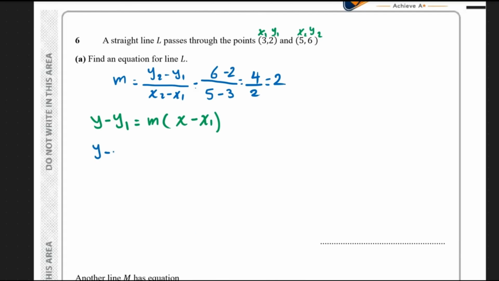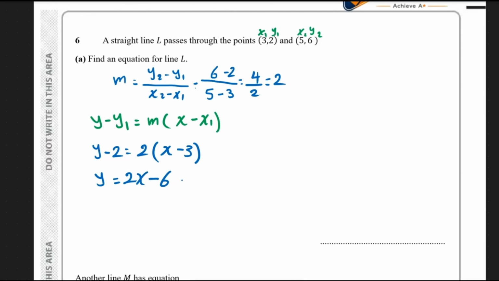y take away y1, y1 is 2, equals m, which is 2, times (x take away x1), which is 3 here. So now we need to expand and then move the minus 2. If we expand here, 2 times x is 2x and 2 times minus 3 is minus 6, and then we bring the minus 2 to the other side as plus 2.